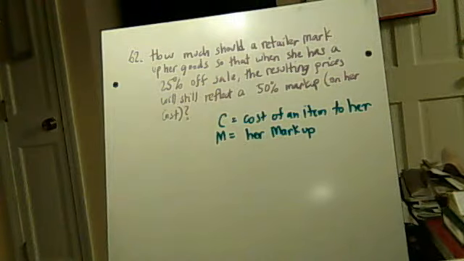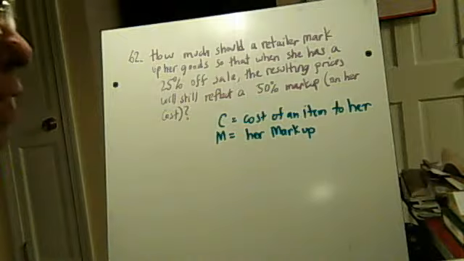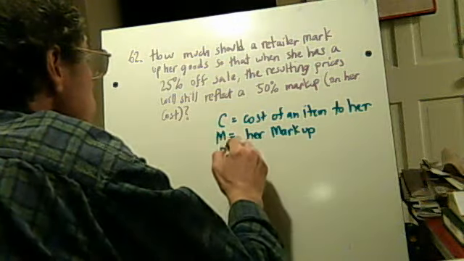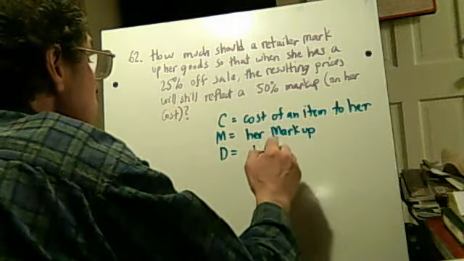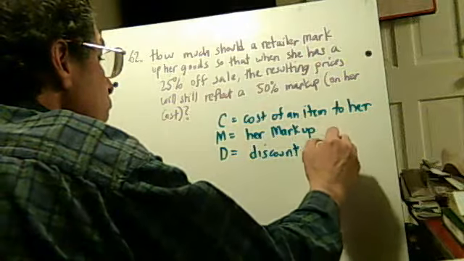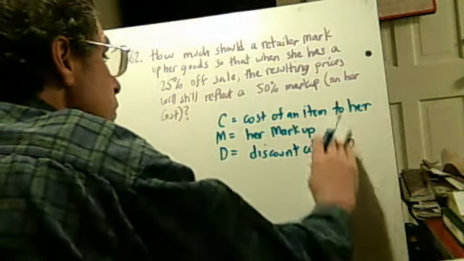Okay? Now we know that at sale, she's going to sell it at 25% off. So I'm going to call that D for the discount at sale. That's 0.75.